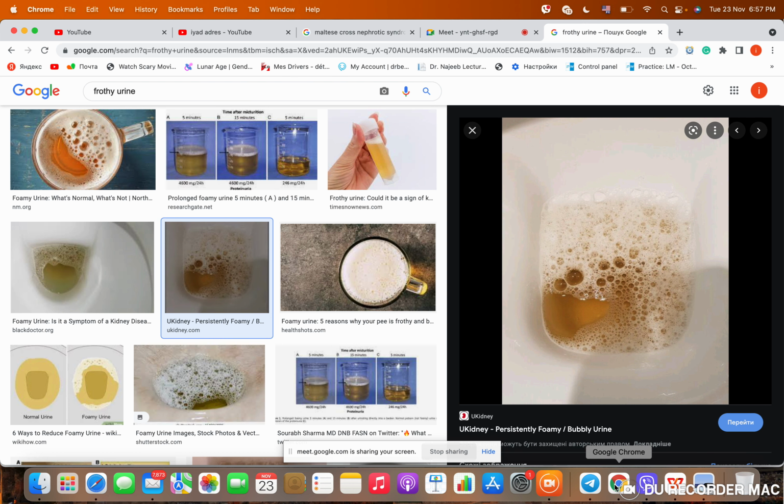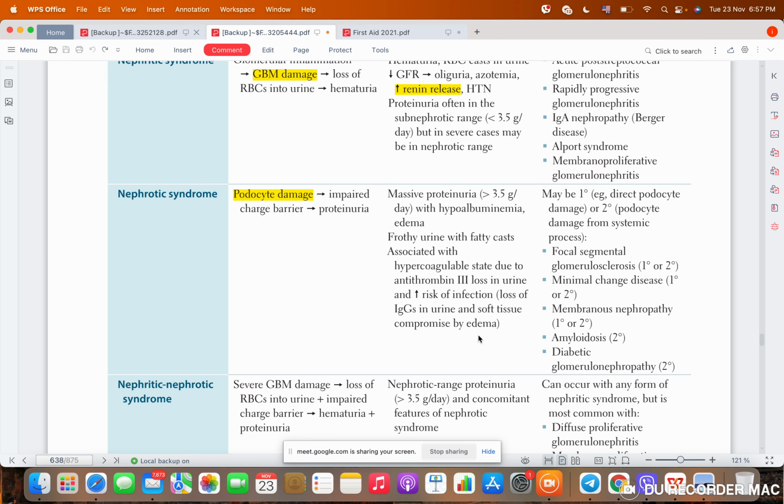So, the next one is frothy urine with fatty casts, and it's associated with a hypercoagulable state. Let's speak about the fatty casts first of all. In case of nephrotic syndrome, what are you losing in your urine? Proteins, correct? Since you are losing proteins, do you remember something called apolipoprotein?